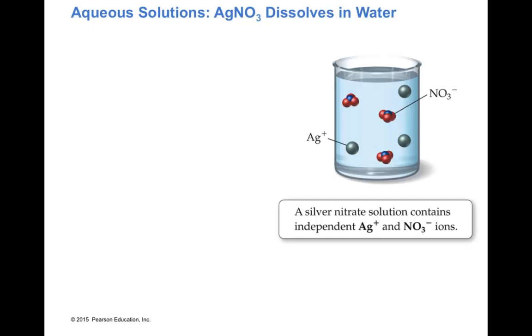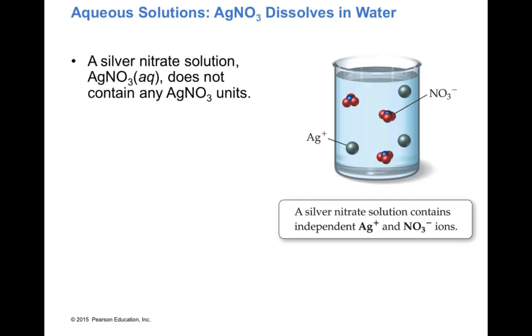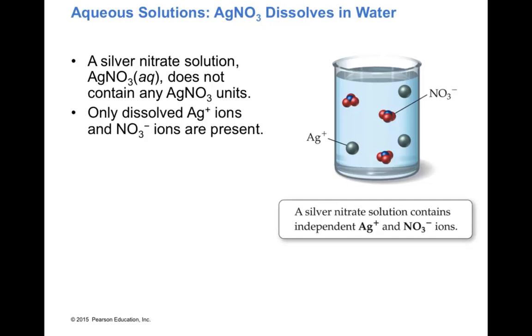Now let's see another example of an ionic compound known as silver nitrate, AgNO3. Silver nitrate solution does not contain any silver nitrate in it. Only dissolved silver ions and nitrate ions are present. That means that the silver nitrate solution is a strong electrolyte solution.